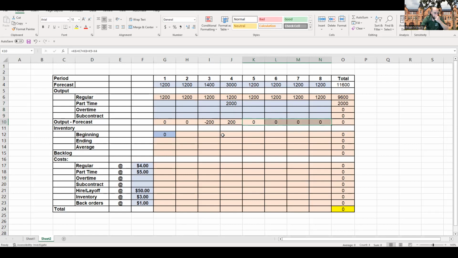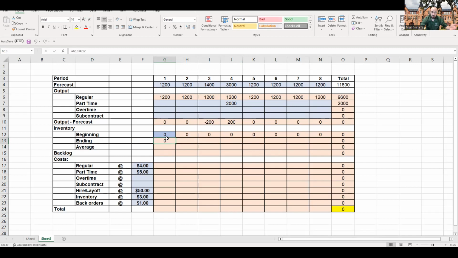So that's fine. Beginning inventory is always going to be equal to last period's ending. So I can just write that right now, equals catty corner down that value, copy that all the way down. As I fill this in, it will correct itself. Ending value. So let's go through that equals if statement again. Let's say I'm not using equals if. My ending value is going to be equal to output minus forecast plus beginning, right?